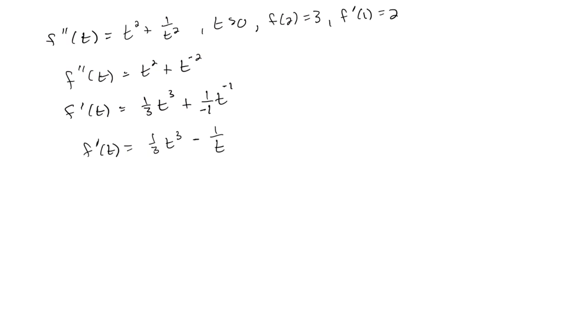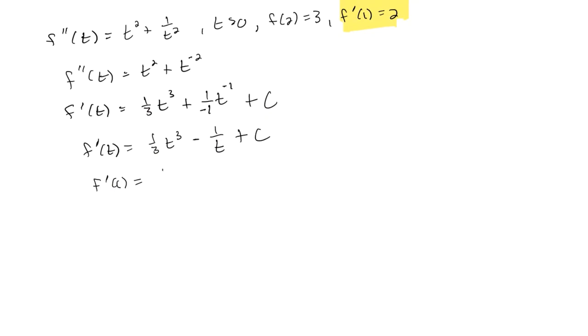So the first condition I have is f prime at 1 equals 2. So what is f prime at 1? If I plug 1 into f prime, I'm going to get 1/3 minus 1, and all of that is supposed to equal 2. And of course, as I say all of this, I forgot to write my plus c on each of those. So let me backtrack and fix my error here.